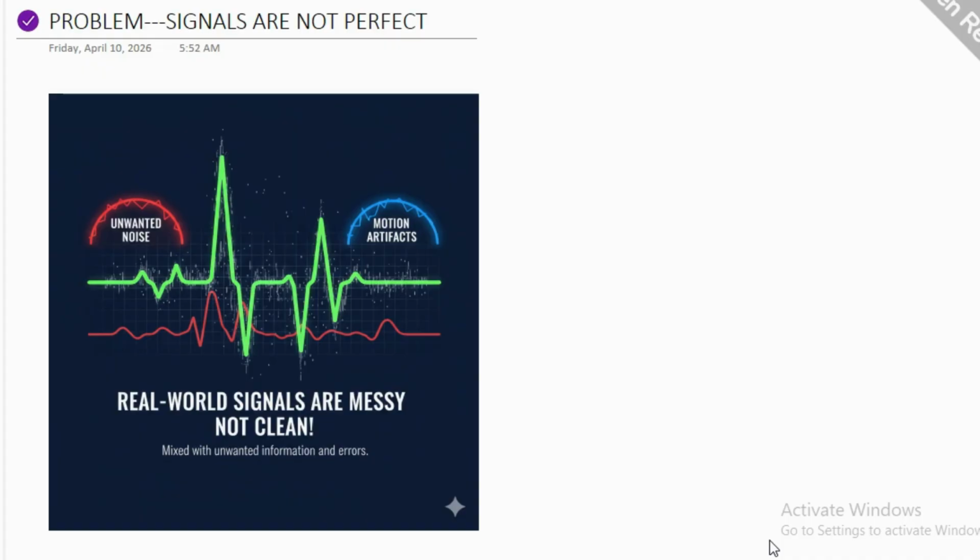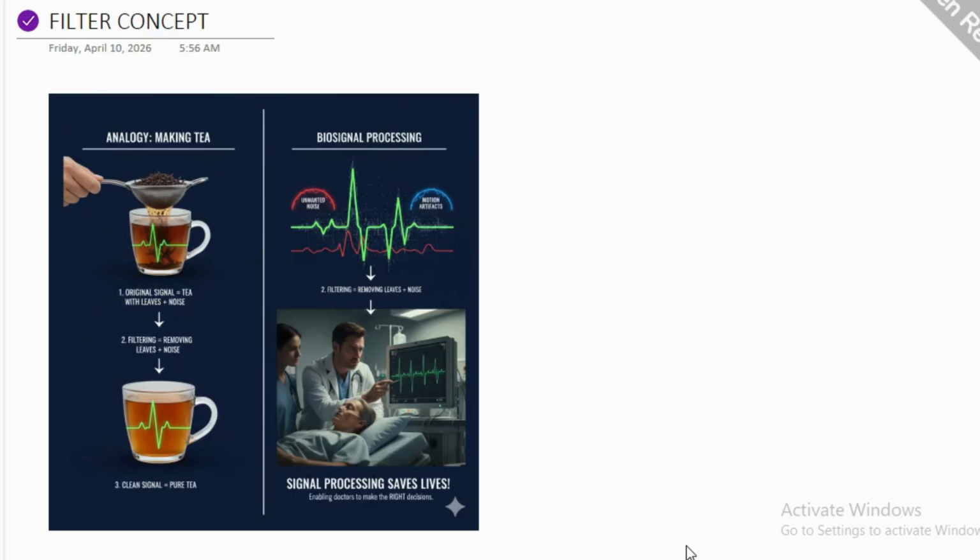It carefully looks at the signal and says, this part is noise, remove it, and this part is important, so keep it. And slowly it converts a confusing signal into a meaningful one. One of the most important ideas in signal processing is filtering. A filter simply removes unwanted parts from a signal.